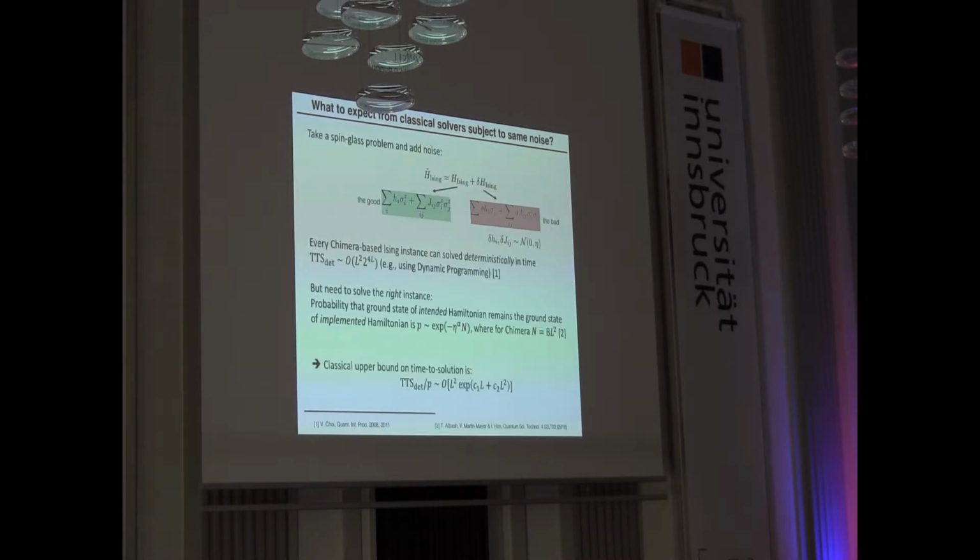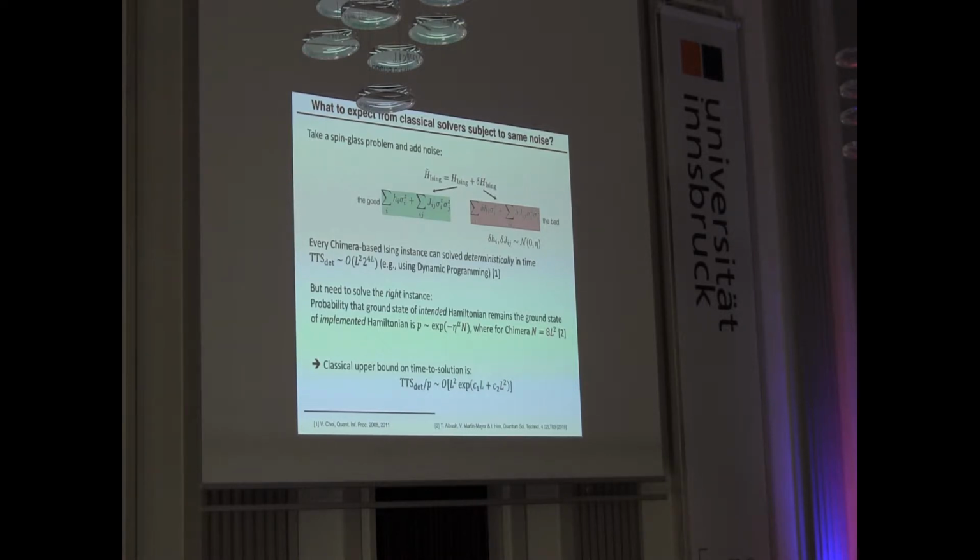So let's be a bit more precise about what we might expect from a classical solver subject to the same kind of noise. What is the worst case scaling we can expect? Well, first of all, if you're given an Ising Hamiltonian on Chimera, you can always solve these problems deterministically, given enough time.